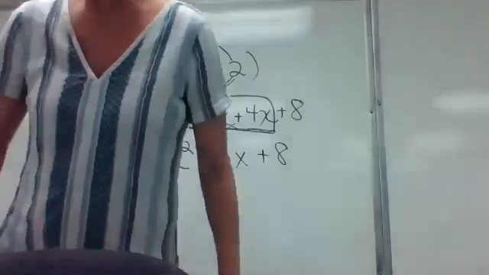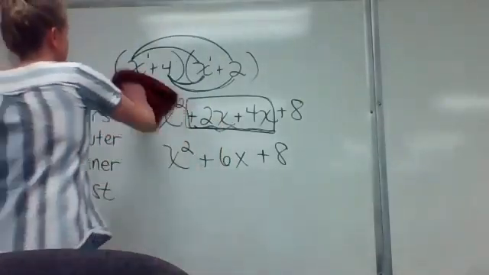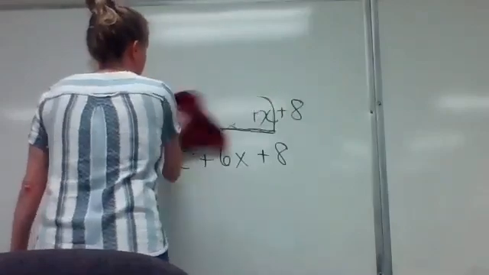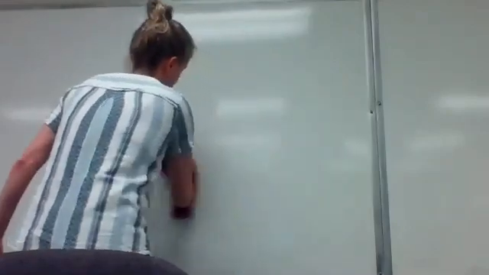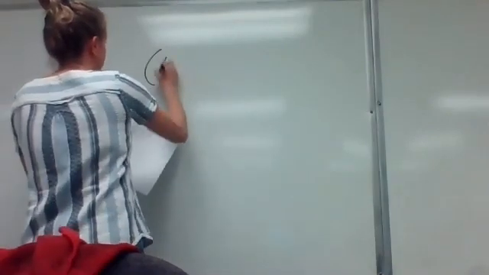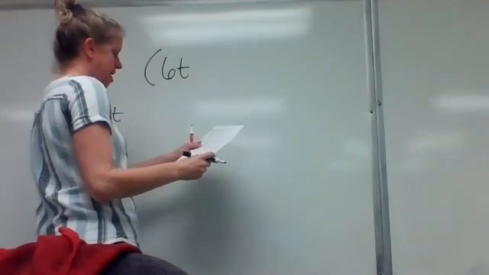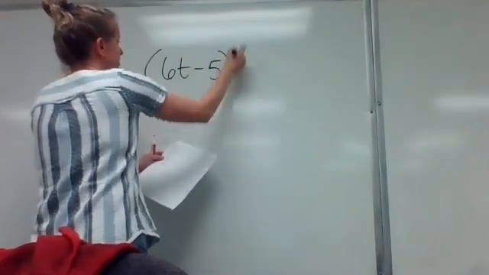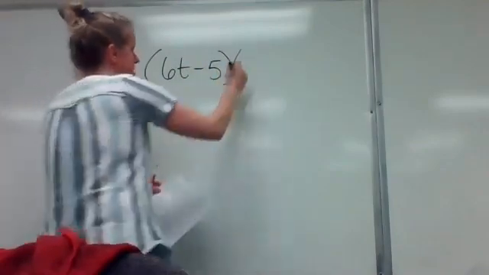Okay, let's look at number 9. 6t minus 5 times 6t plus 5.